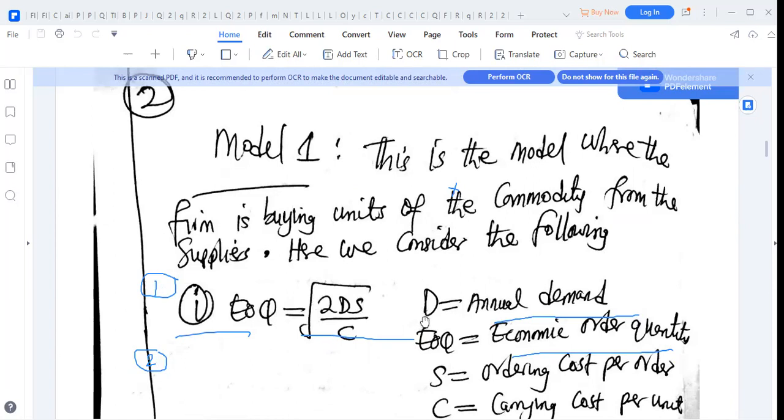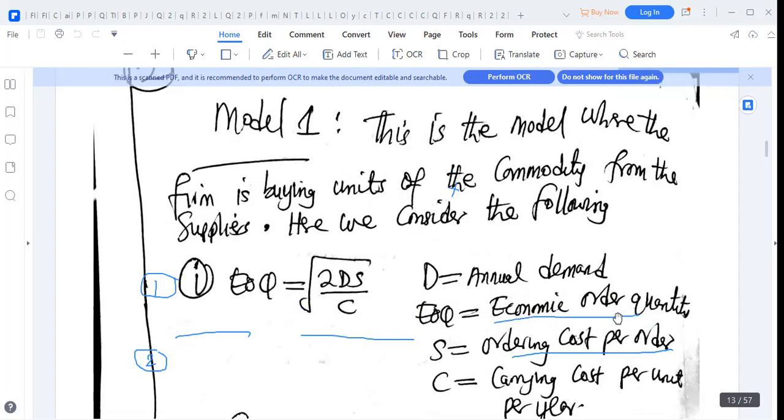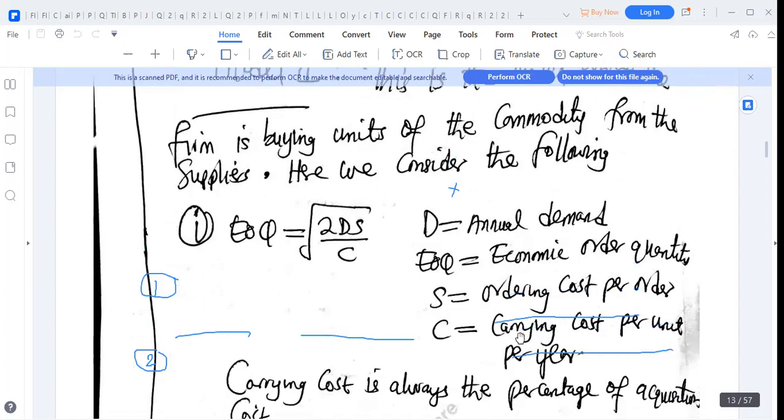D is our annual demand. EOQ is economic order quantity. S is ordering cost per order. C is carrying cost per unit per year.